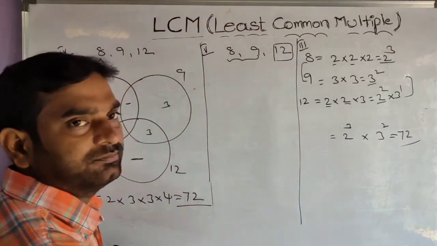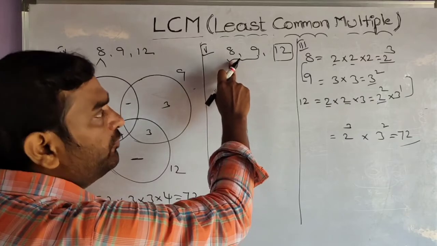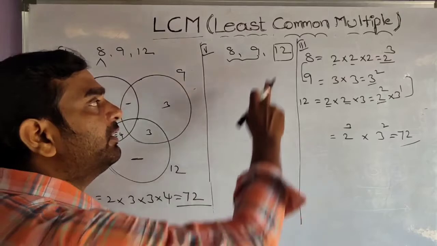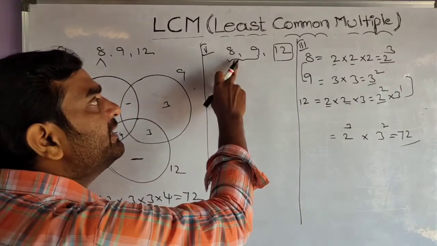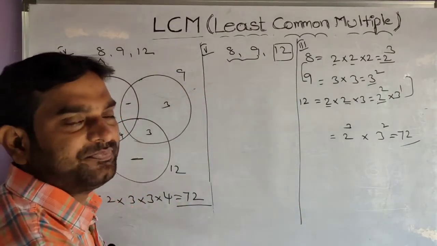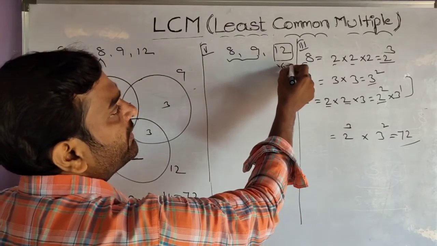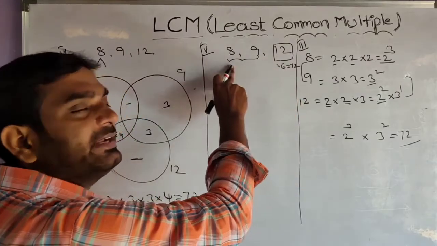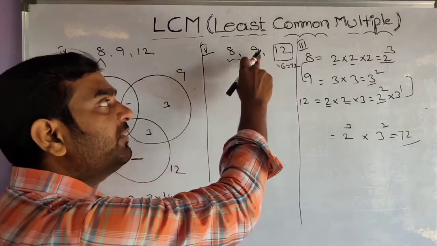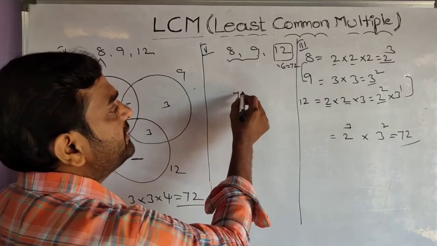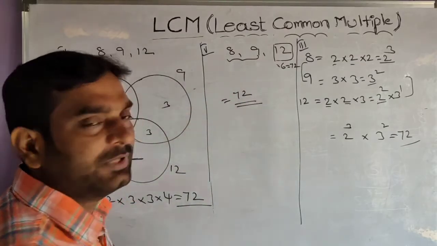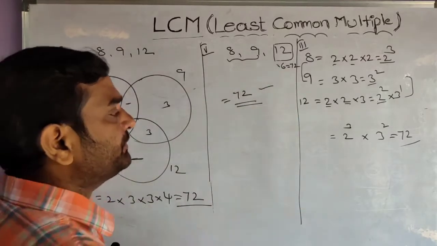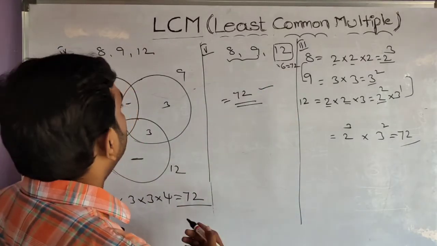Try 12 twos are 24. 24 is a multiple of 8 but not a multiple of 9. 12 threes are 36. 36 is a multiple of 9 but not 8. Like that, 12 sixes are 72. 72 is a multiple of 8: 8 nines are 72. 72 is a multiple of 9: 9 eights are 72. So LCM is 72. We have to check up to 6. Okay. LCM is 72.